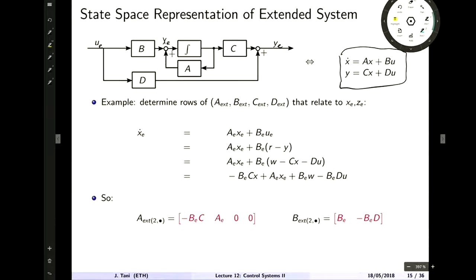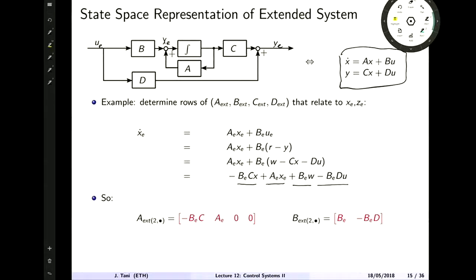Not a typo, but I said the wrong thing. So it's R minus Y, which is the same as W minus, now what is Y? It's Cx plus Du. We know that from the process. Now we see that we have a term with X, a term with XE, a term with W, and a term with U. So we can put everything together and we get 2 rows of the extended system.